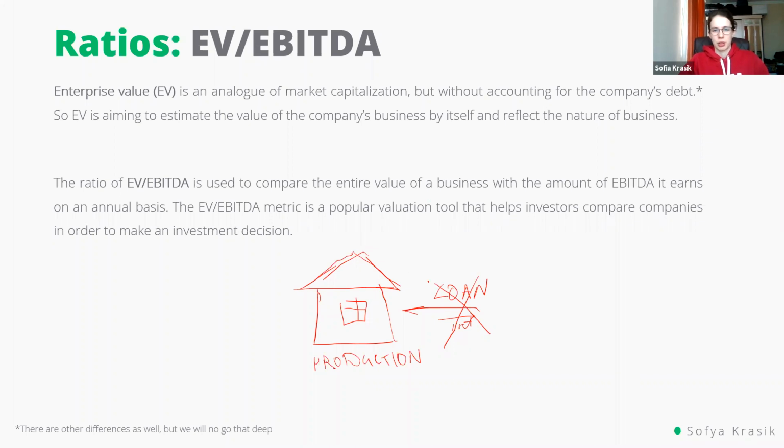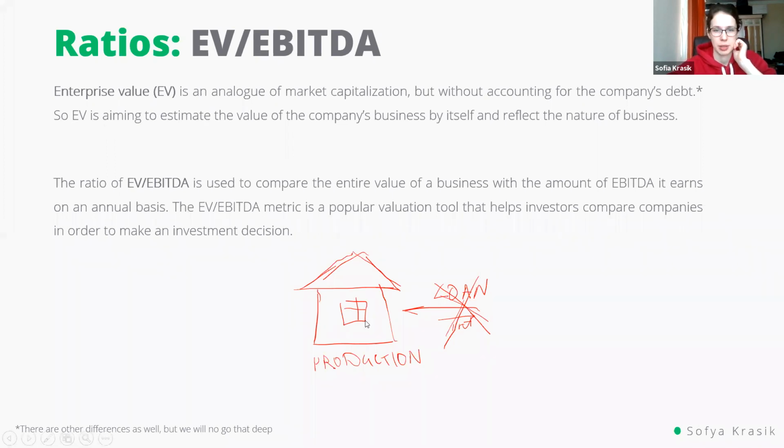To be very simple, enterprise value is the current market price of the company, but without accounting for the loan payments and without thinking of the financing sources of the company. In general, enterprise value, or EV, aims to estimate the company's nature and business by itself.